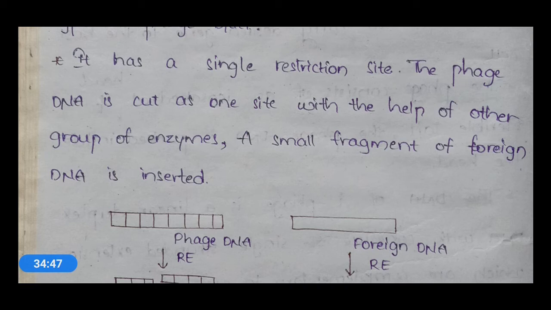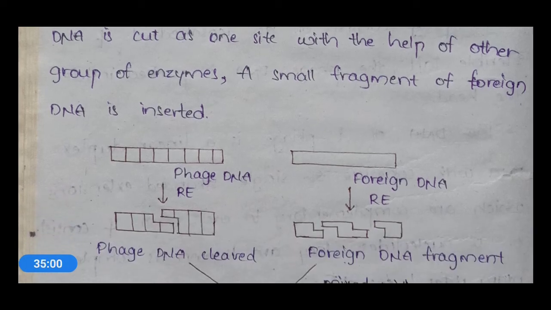That particular phage DNA is cut at one site, and a small fragment of foreign DNA is inserted between those two phage DNA molecules. Finally, we will get an insertion vector. Okay, and this is about insertion vector.